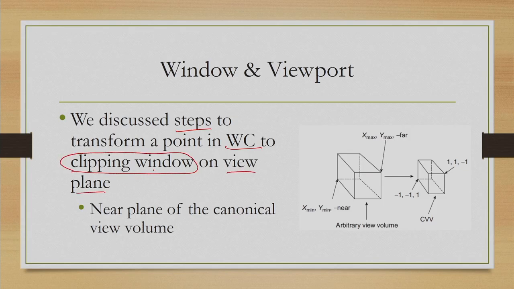That means, a region on the view plane on which we are projecting the objects that are part of the view volume. Now, also we have shown that this is typically the near plane of the canonical view volume. So, this is our window or clipping window.